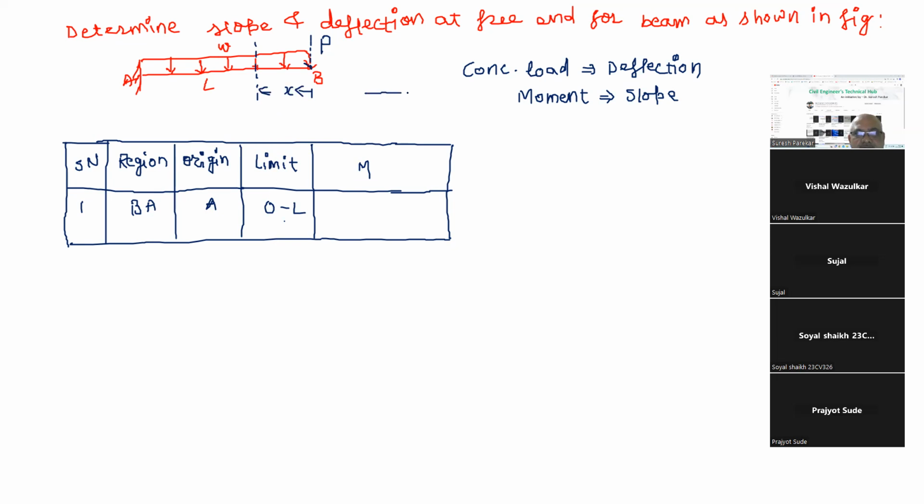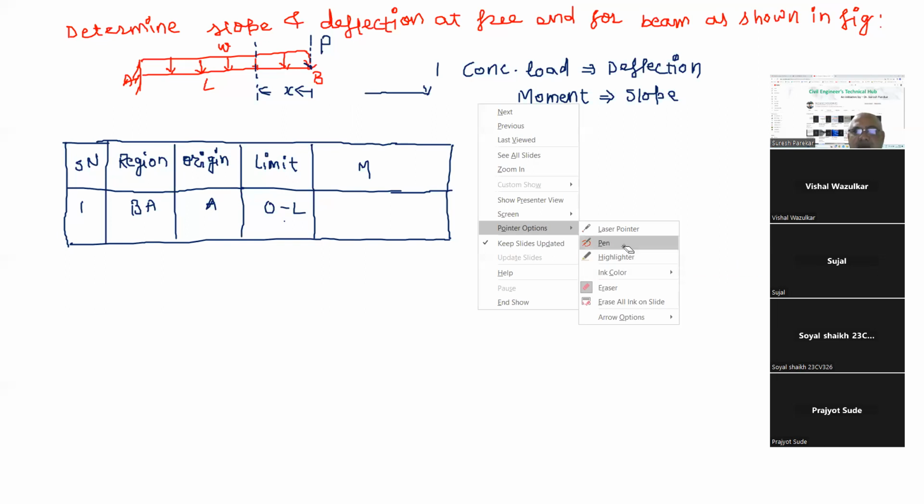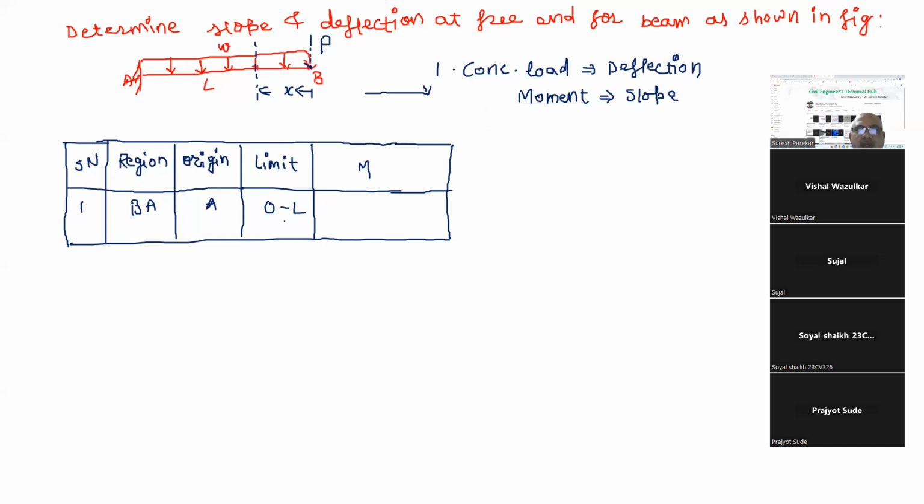So if I consider only this portion, this is the dummy load. Sorry, the dummy load should always be shown by a dotted line. Should be very clear with this. Why with a dotted line? Because we have to put its value 0. We apply this for our convenience. So this will be P and this will be W.